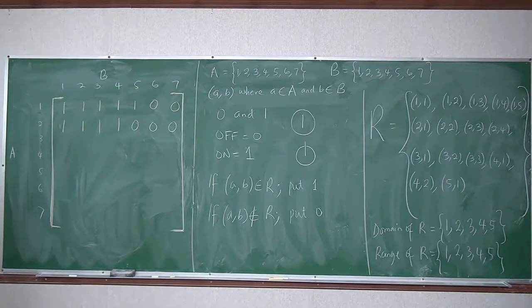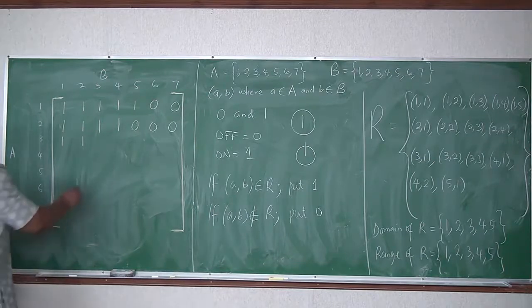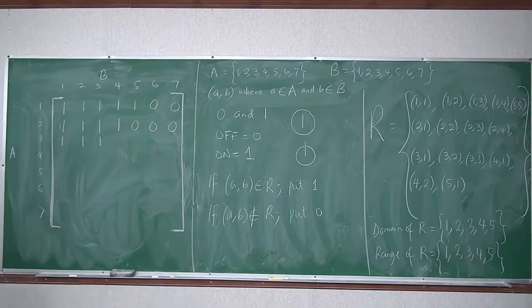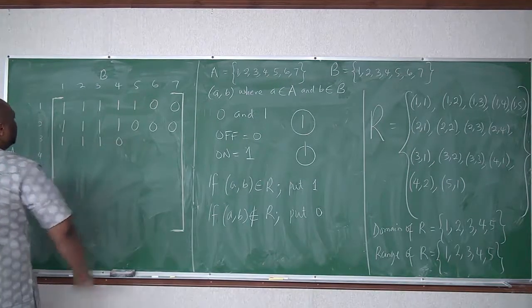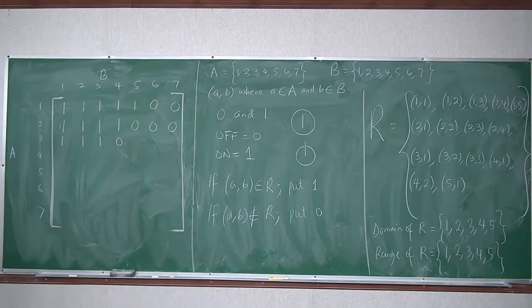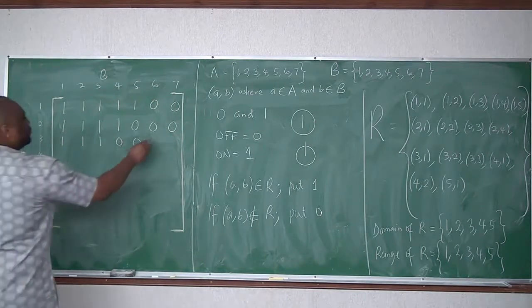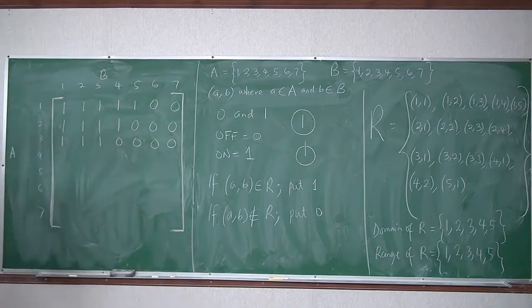Comprenez-vous? (3, 1) is in the relation, we put 1. (3, 2) is in the relation, we put 1. (3, 3) is in the relation, we put 1. (3, 4) is not in the relation, we put 0. (3, 5) is not, we put 0. (3, 6) is not there, we put 0, then (3, 7), 0. (4, 1) is in the relation, we put 1. (4, 2) is in the relation, we put 1.